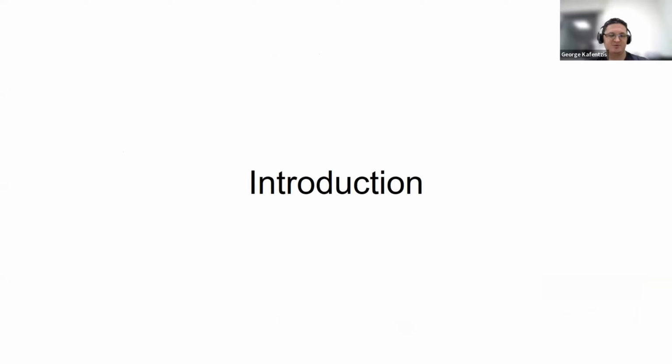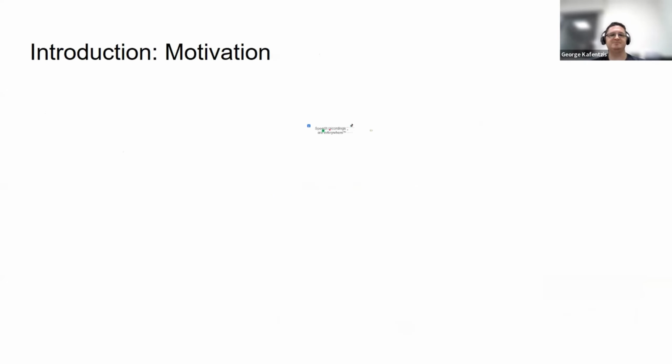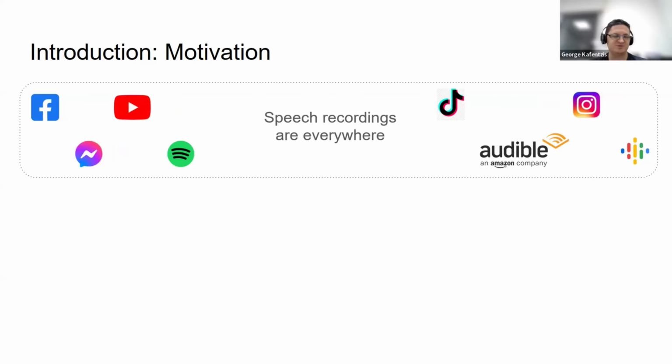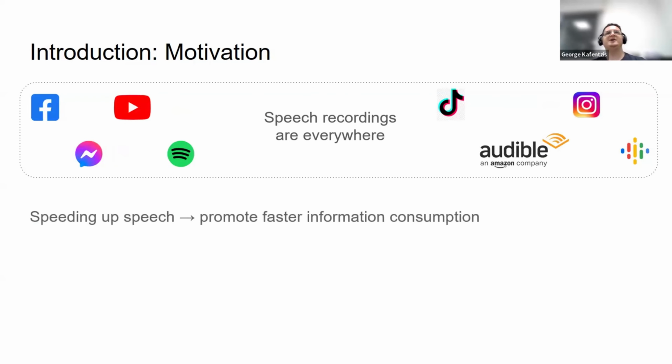So, what is this about? We know that speech recordings are everywhere, on YouTube, Facebook, applications, mobile phones, everywhere. Sometimes there is a need for speeding up speech in order to, for example, promote faster information consumption.